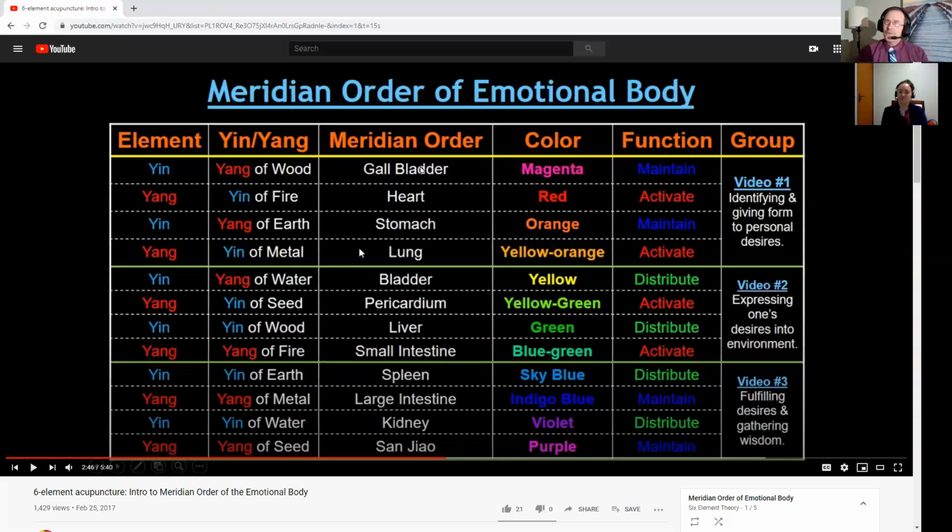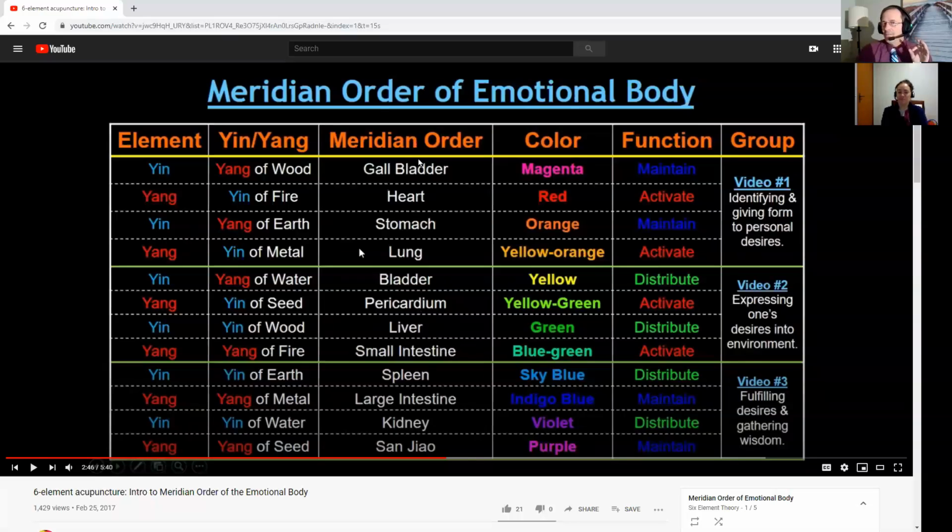And now you're going to needle a meridian where the Sanjiao flows into that meridian. It's either liver or small intestine. So you come here, liver, small intestine, so you're kind of restarting that process in the second half of this emotional order. Sanjiao will flow back into liver, small intestine.